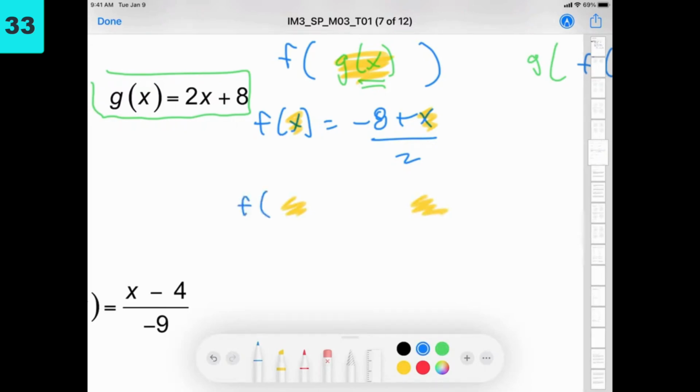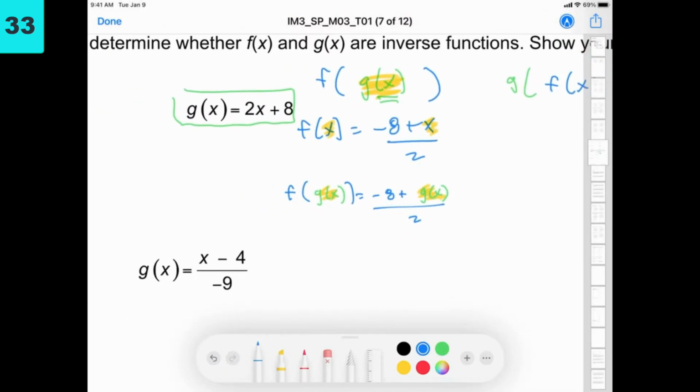So f, now we're going to put in g of x. Well, that would be kind of silly if we just left a g there, so we're just going to go ahead and simplify that. So negative 8 plus that goes here. So now I can write 2x plus 8.